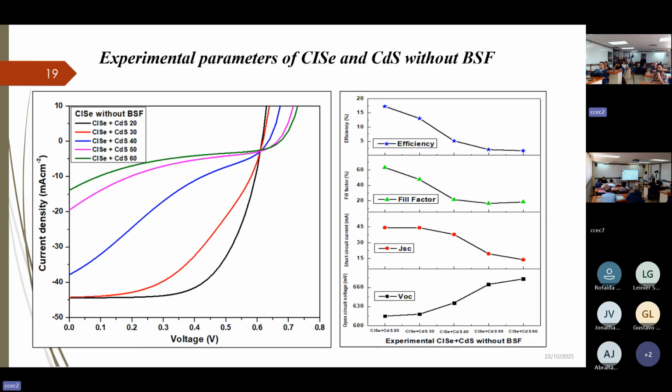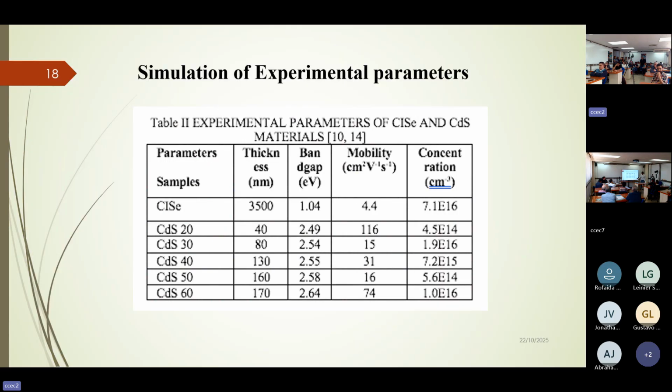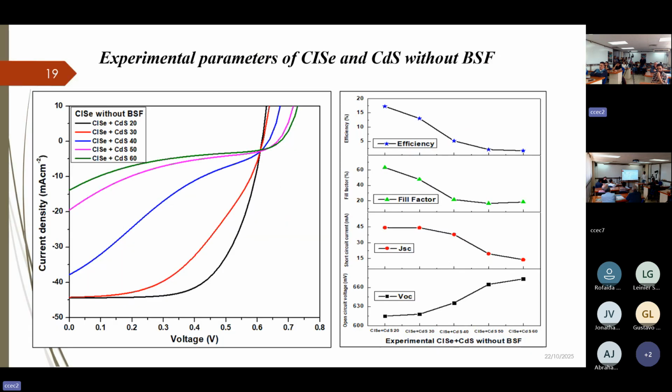For this case, initially we check the solar cell without the BSF layer. In the series, we vary the thickness, for example, for 20 minutes, 40 nanometer, 80 nanometer, and so on. We can see the results using these parameters.